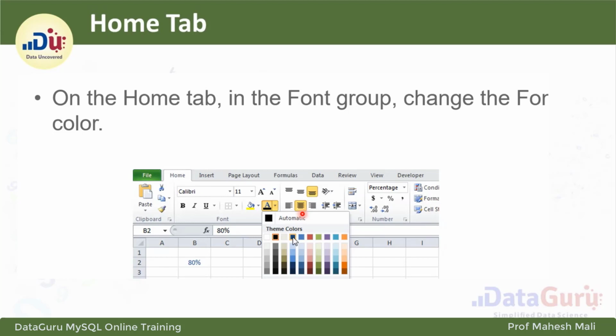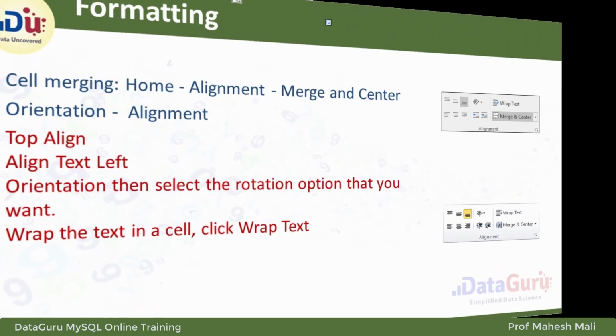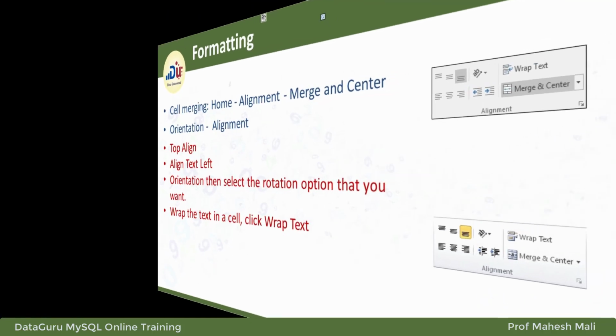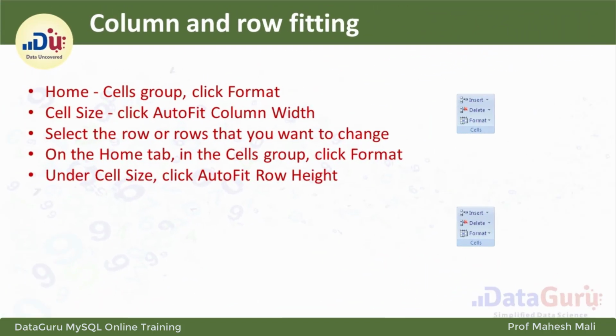We can change the font, then nicely do the font coloring, background coloring, alignment. These are all available with the help of the text editing option. Then for formatting also we have left align, right align, top align, bottom align, center align. Likewise, many functions are provided.